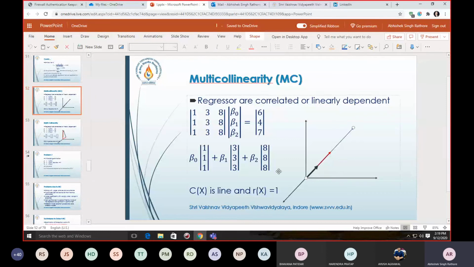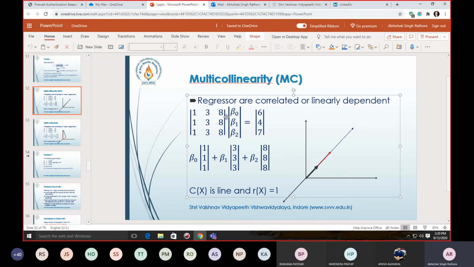All these three lines are in the same direction, so it does not give me anything good, because the magnitude varies but the direction is the same. This second column is just 3 times the first column, and the third column is just 8 times the first column.